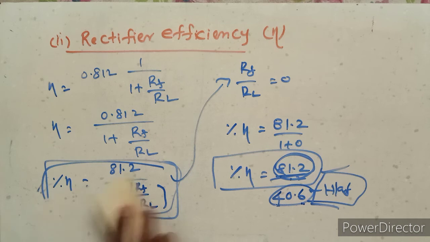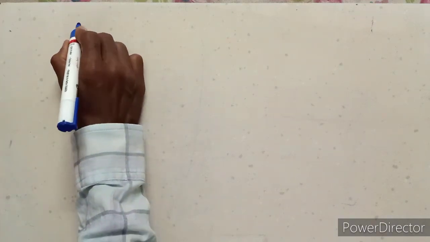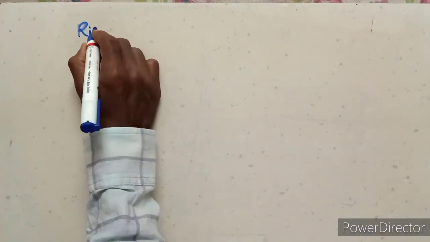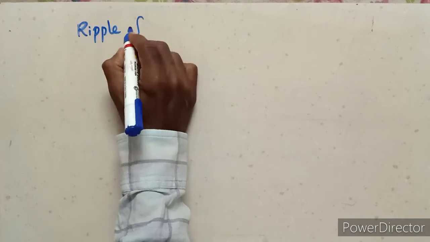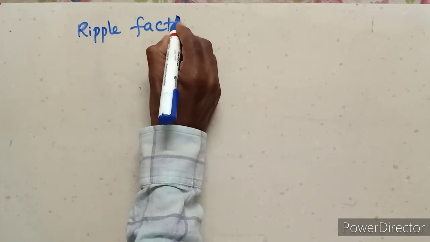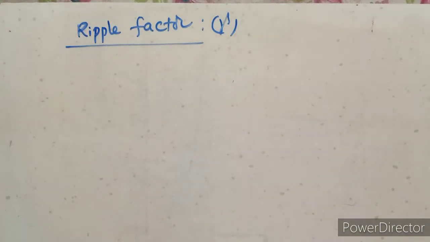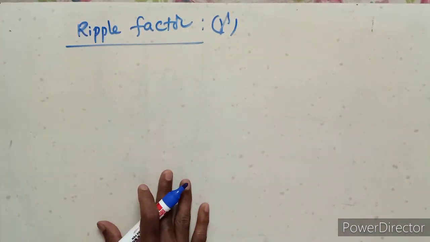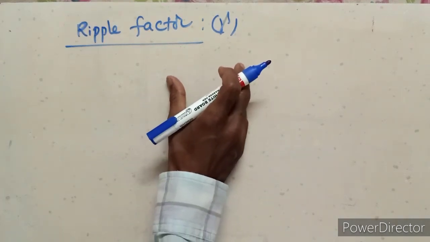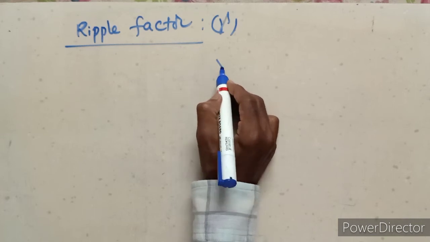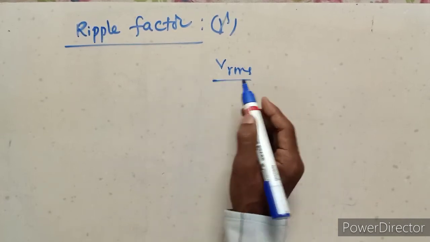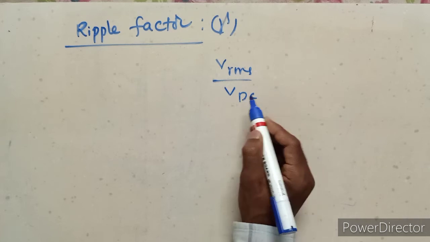Okay, next parameter. Our next parameter is the ripple factor. Ripple factor, that is the eta. Eta is defined as the ratio of the RMS value voltage upon the DC voltage.